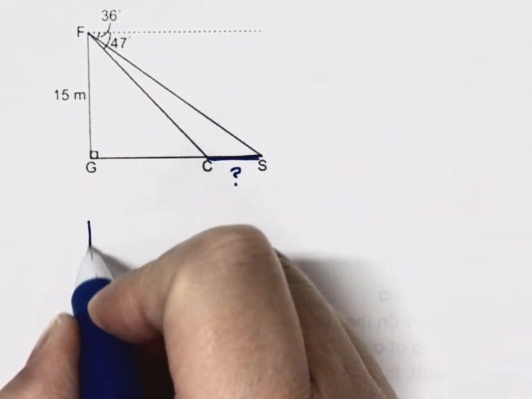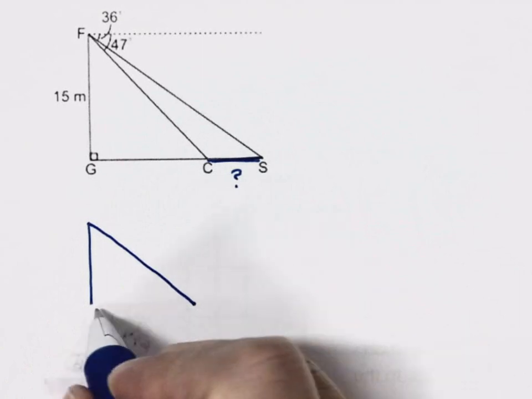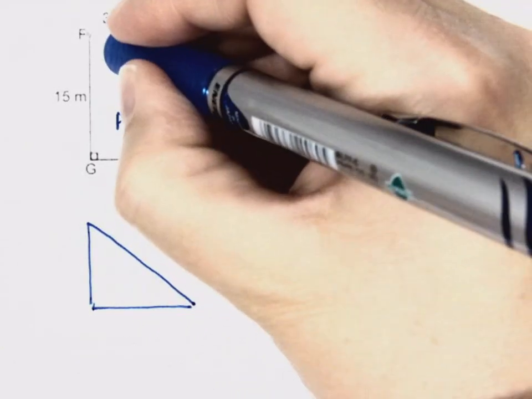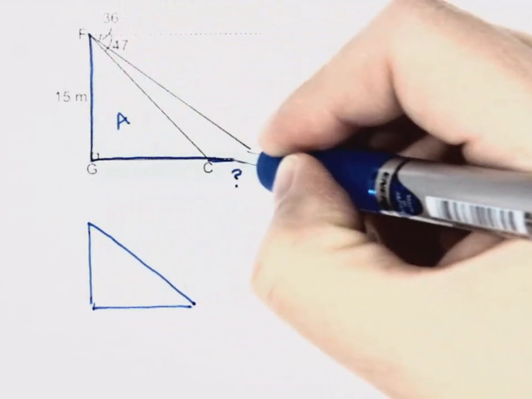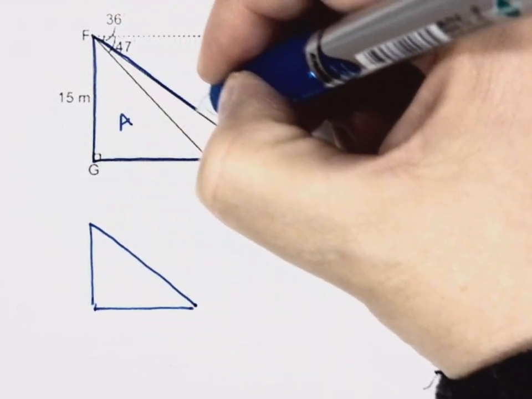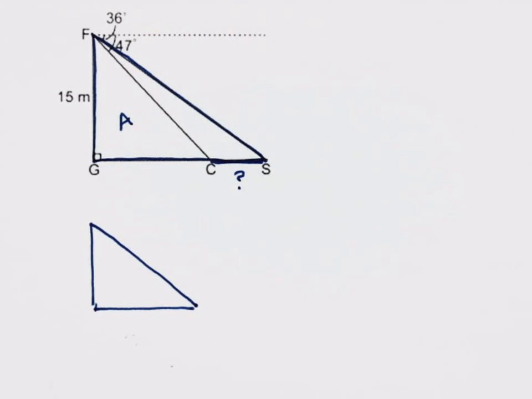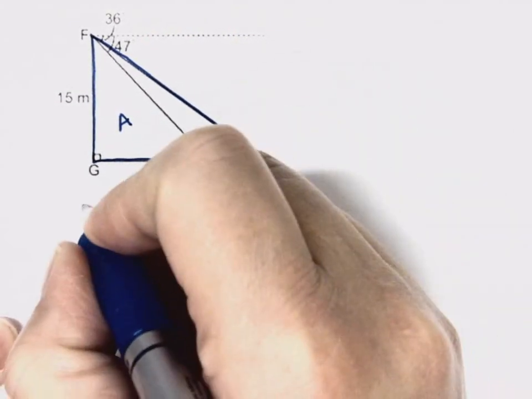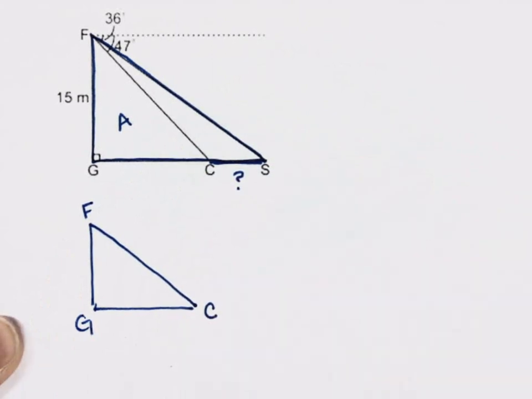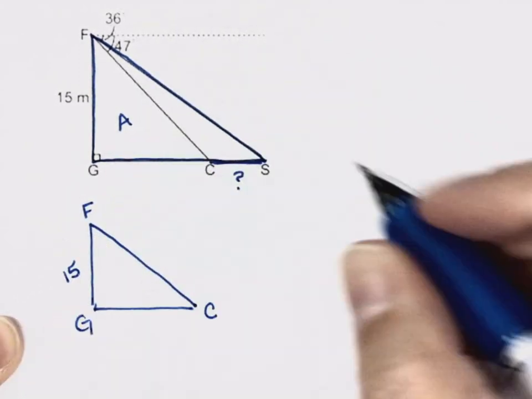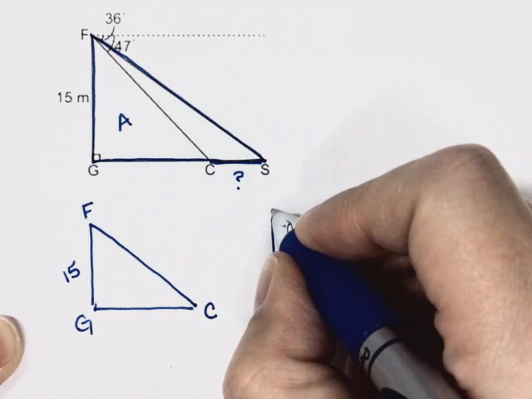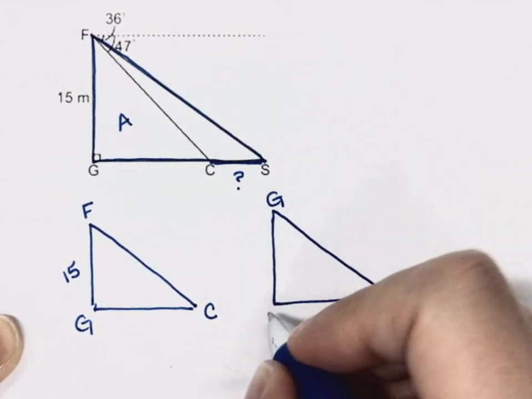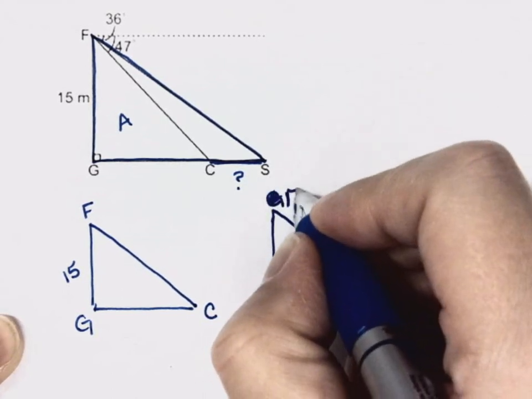So I'm going to pull out the first triangle. I'm going to make this little one here, the inside one. So I'm going to call this triangle A. Triangle B, though, is going to be this whole thing. Not just that little sliver, it's going to be the whole outside. So the little triangle is going to be GFC. And we know it's 15. And then the big triangle is going to be, nope, that's an F up there where the falcon is.